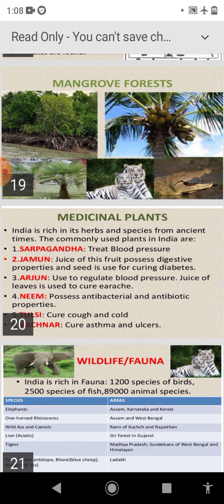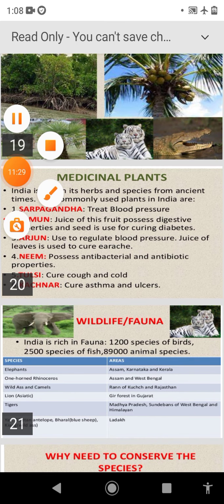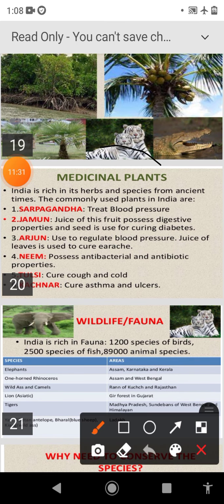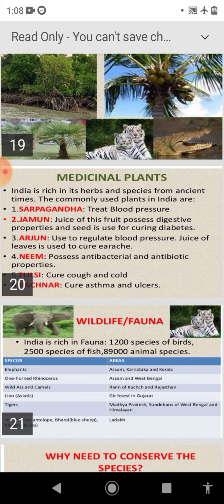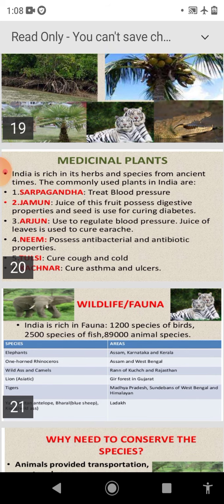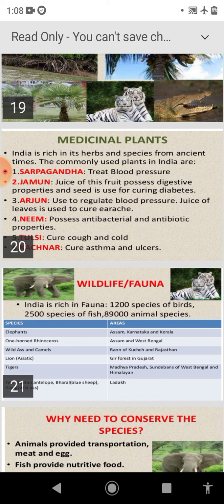Then here in this slide, some medicinal herbs are included. So you must learn by heart about the medicinal plants and also their uses. About the wildlife or fauna, we will discuss in the next video.